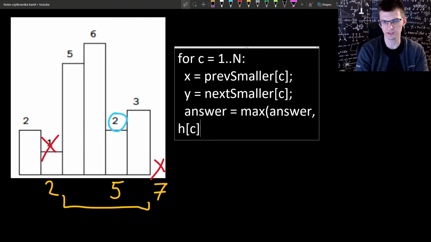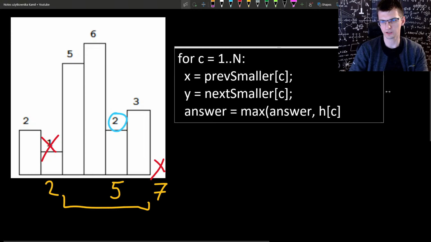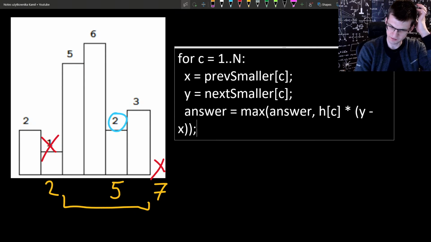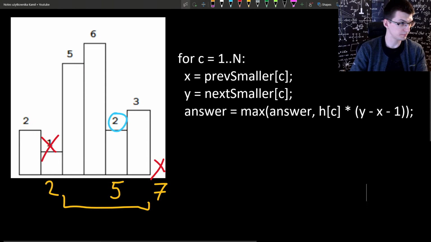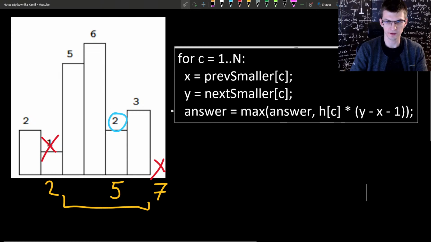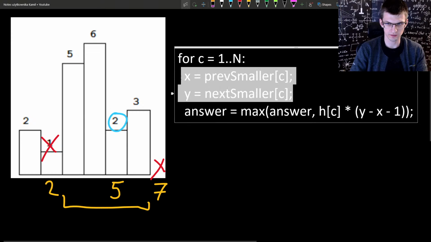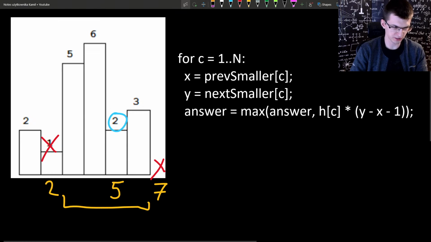Value height of C, height of this column, multiplied by length of interval. This is Y minus X plus -1. Let's think. From 2 to 7, the difference would be 5, but actually I want 4 columns, so this is -1. Right? This is new code. If we know this, then we can solve a problem in linear time.